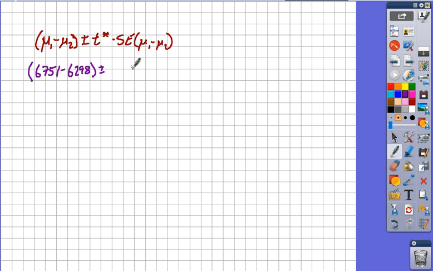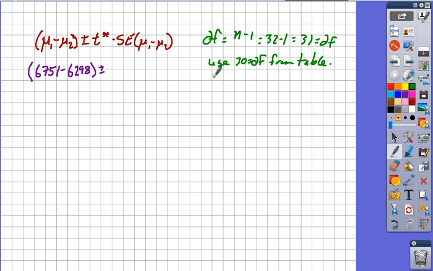Well, we have to remember, how many degrees of freedom do we have? So over here to the side, I'm going to remind us, degrees of freedom, n minus 1. But we have to do the smaller of the two. So in this case, it's going to be 32 minus 1, or in other words, 31 degrees of freedom. 31 is not on the table, so we're going to use 30 degrees of freedom from the table. So let's go do that.